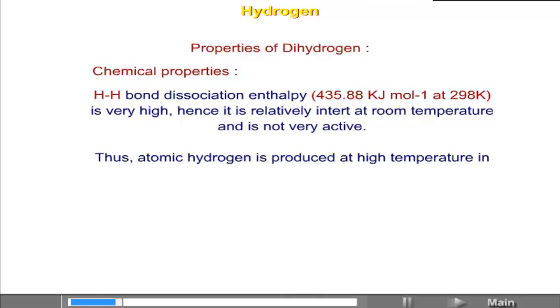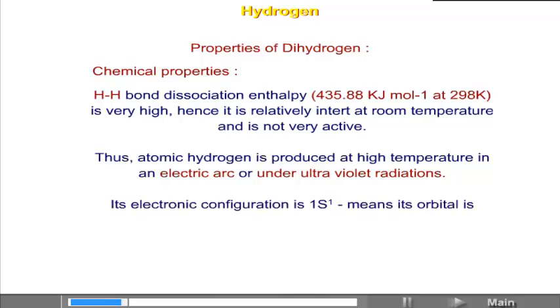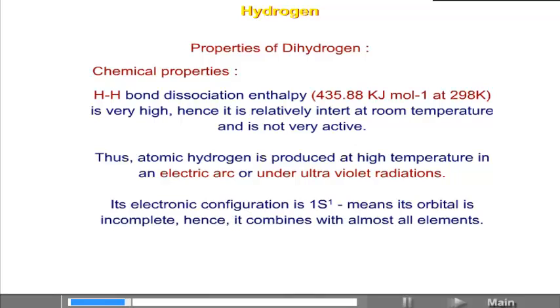Thus, atomic hydrogen is produced at high temperature in an electric arc or under ultraviolet radiations. Its electronic configuration is 1s1, meaning its orbital is incomplete, hence it combines with almost all elements.